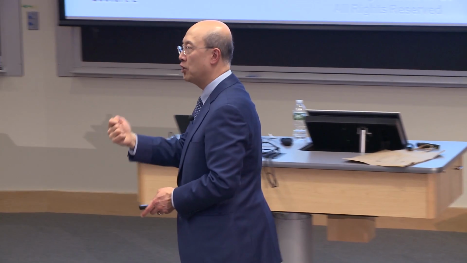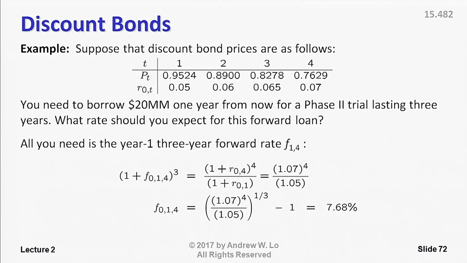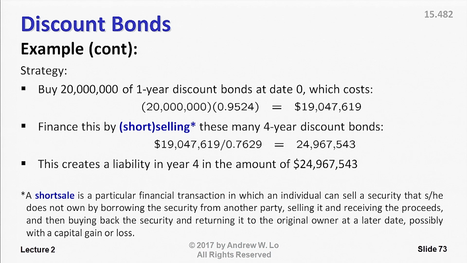How much is it going to cost you to buy 20 million of those? Well, we know one of these bonds is about 95 cents to the dollar. So I need 20 million times 95 cents, please. And that means that I'm going to be spending $19,047,619 today to buy these 1-year bonds. Okay? I'm going to buy them today.